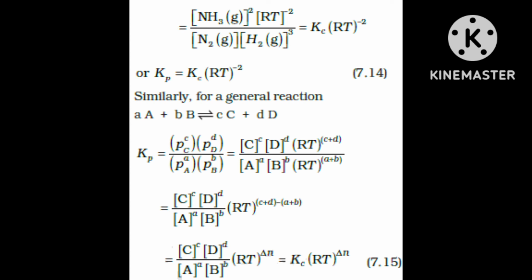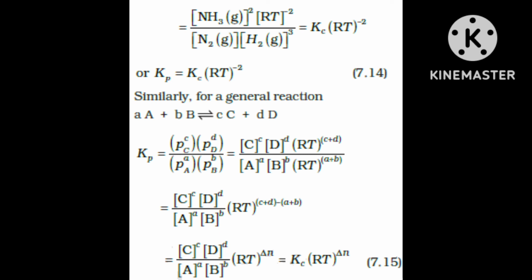Now you are going to write a general reaction. Suppose capital A and capital B are reacting and giving C plus D, 2 products, just for simplicity. Suppose the number of moles of capital A is small a, maybe 2 moles, maybe 3 moles. Similarly for B, you don't know how many, so small b.